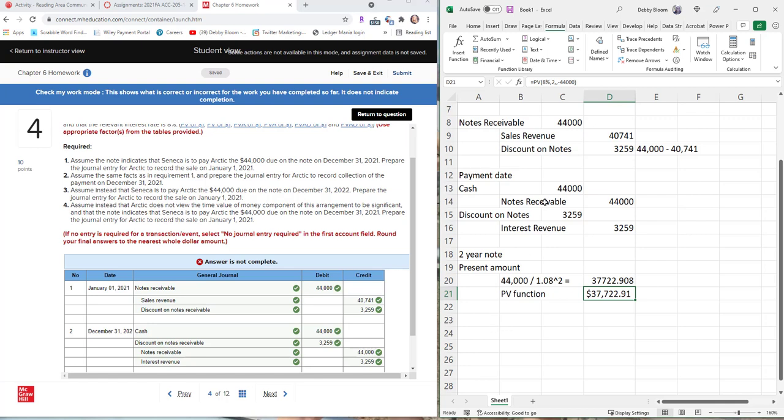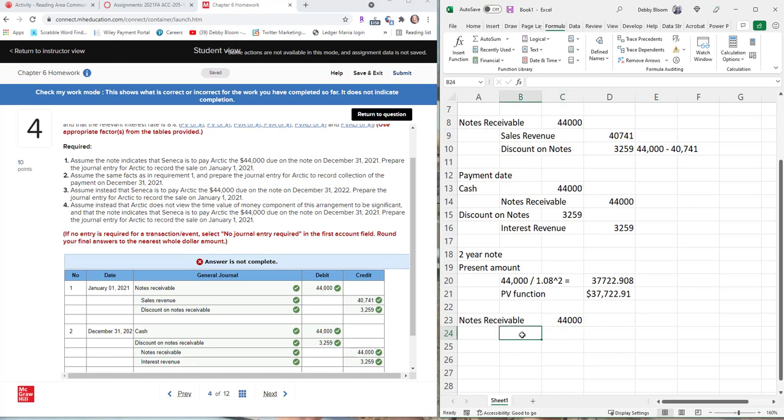So let's record the journal entry for that one. It's basically the same as this one, except now the sales revenue is 37,723, and the discount on notes is different. So we have notes receivable for the full 44,000.